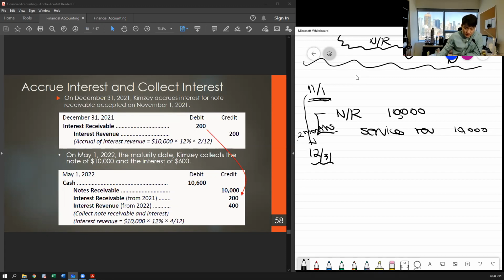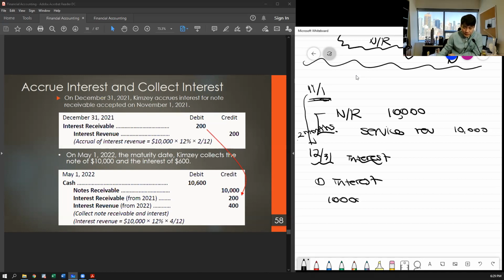After 2 months, you're not getting the principal amount back from the customer because the maturity date is way far away from December 31st. But what you will be recording is something related to this interest, because during that 2-month period, the interest still accrues from November 1st to December 31st. So for 2 months, you will be recording an interest component.